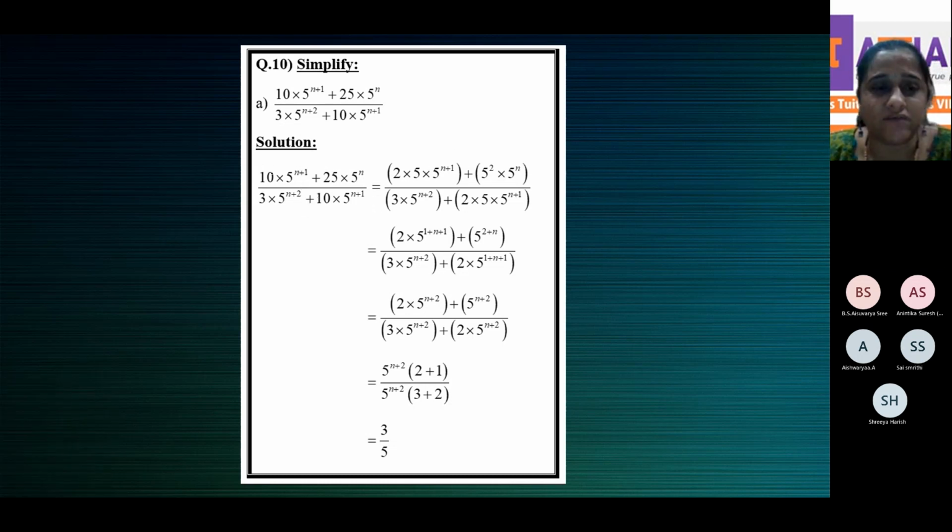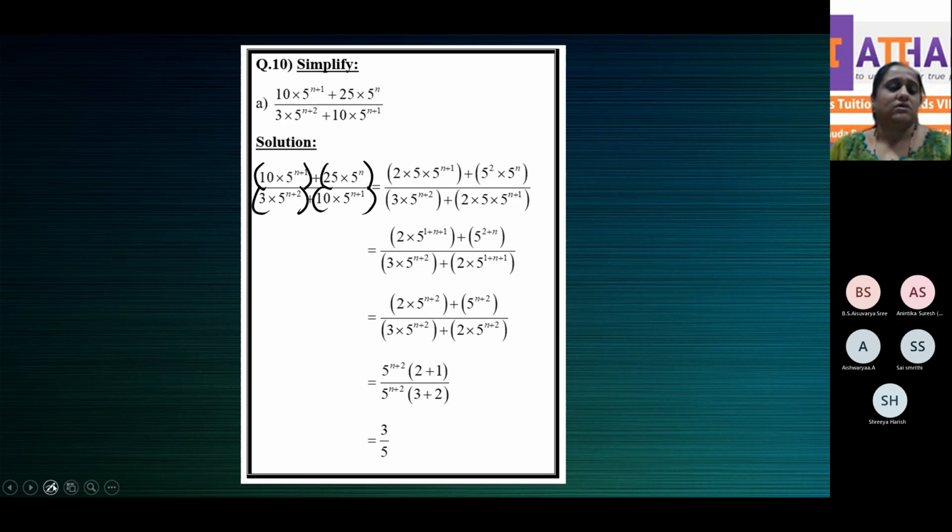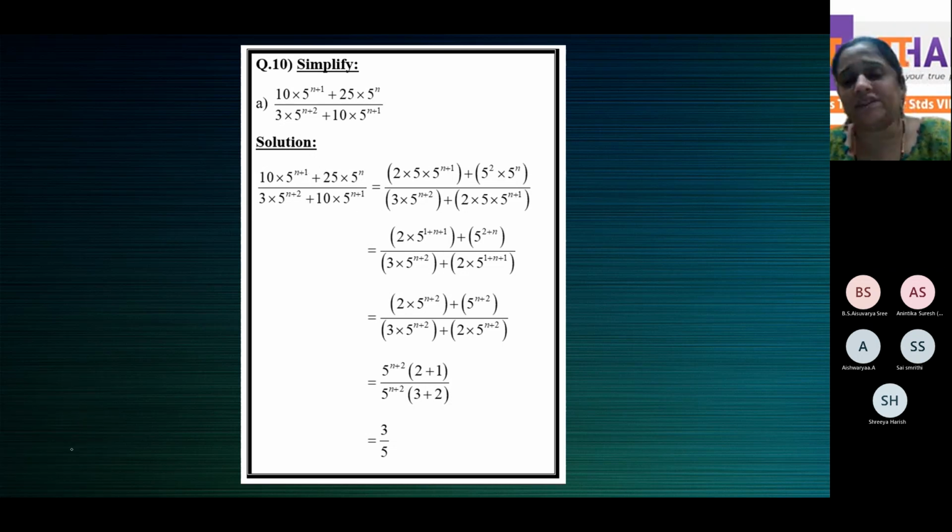Brackets are not given in the question. You can use them on either side of the plus sign. Before the plus sign, after the plus sign is a group. So along with inserting brackets, we also write 10 as 2 into 5, 25 as 5 squared, and 10 as 2 into 5. Is the first step understood, children?